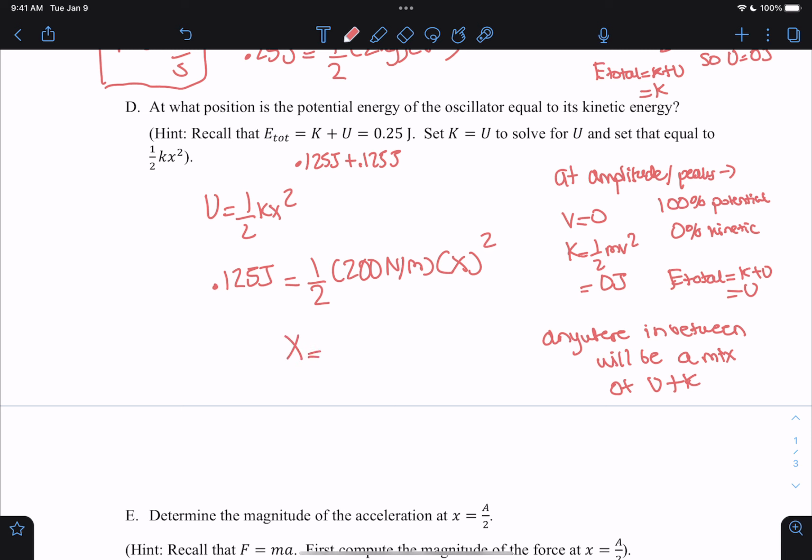So at that point, x should then be equal to 0.035 meters, I believe. Please correct me if I'm wrong on that one. Let me actually double check just so we're sure. Yep, 0.035.